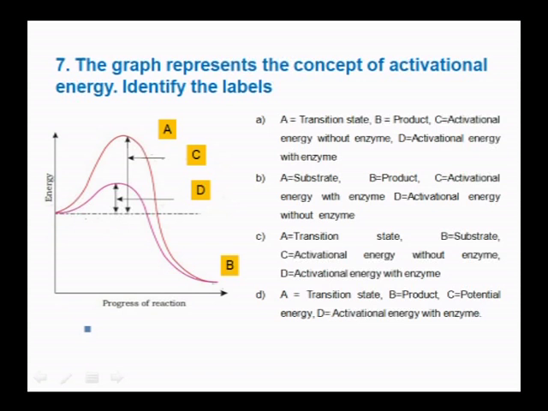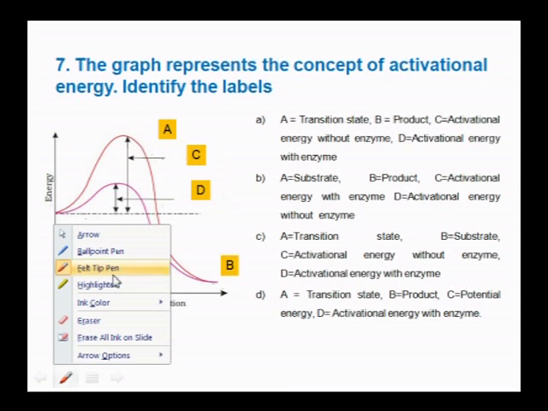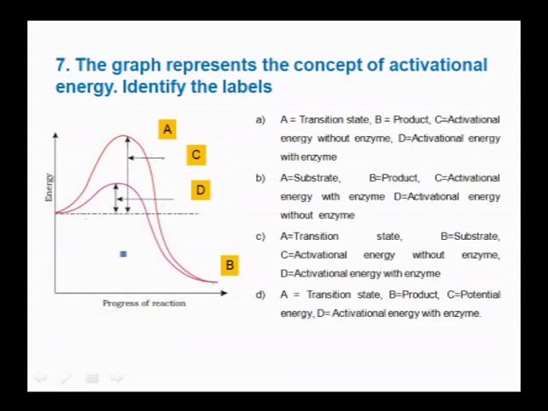So just remember, this graph is indicating the following component. The graph here is having the substrate which is entering into the reaction, and the graph is indicating two conditions.